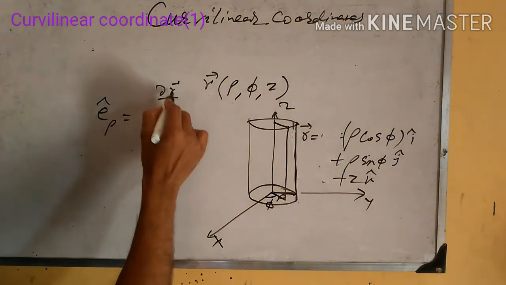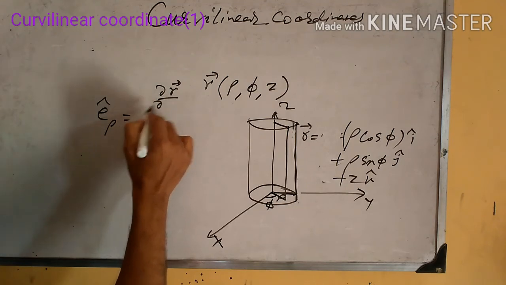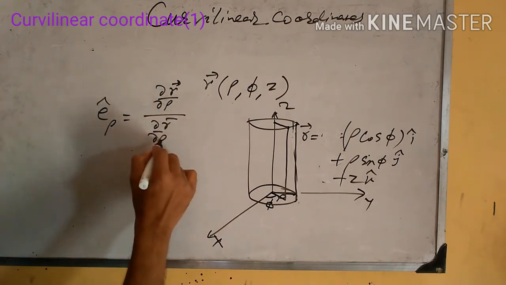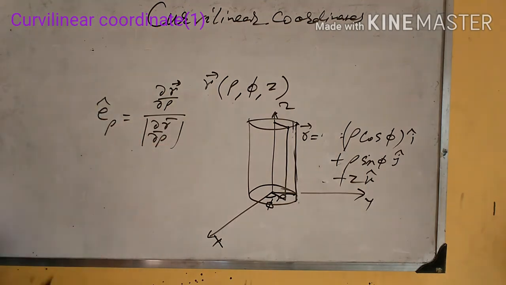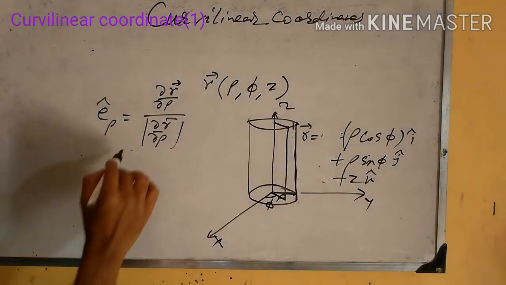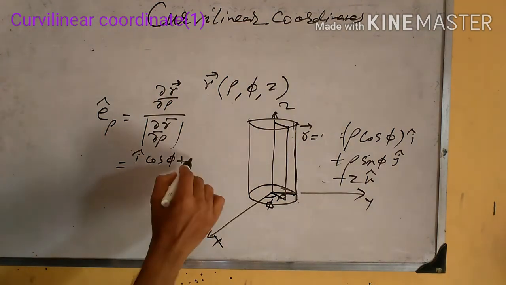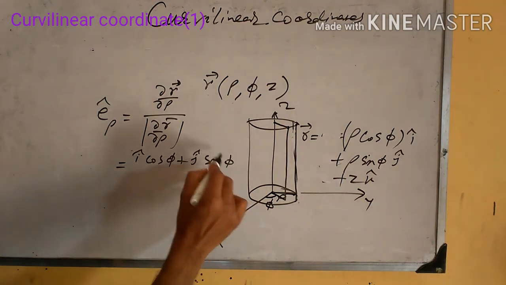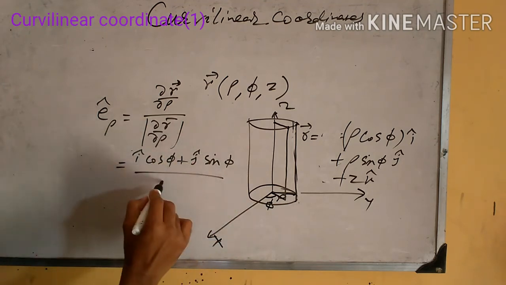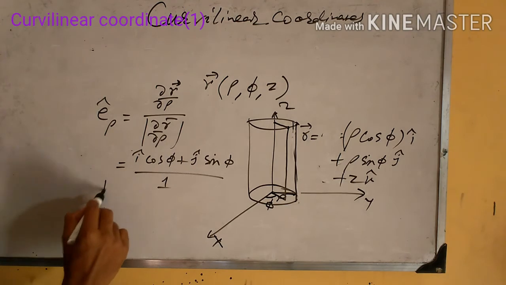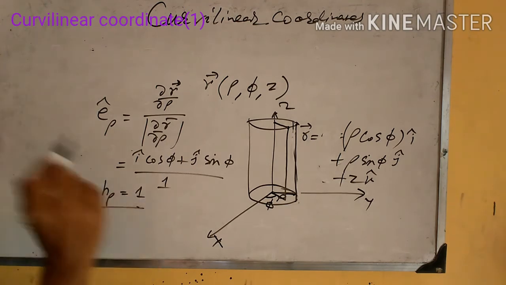We have already learned that del r by del rho divided by the mod of del r by del rho gives E rho. So here it will be i hat cos phi plus j hat sin phi, and the mod value of this is 1. So h rho equals 1.